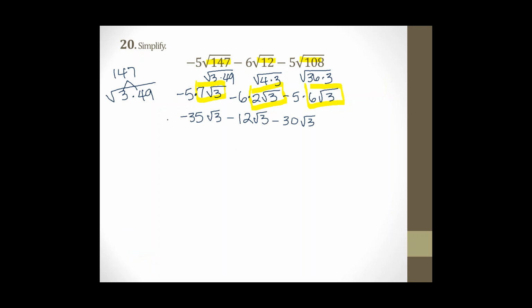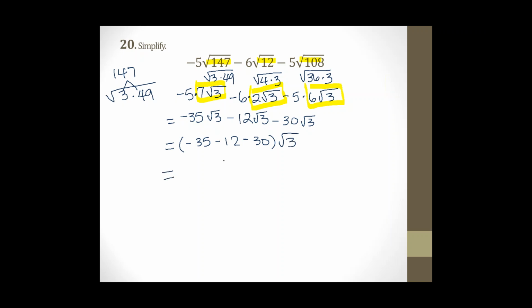So we have like radicals. They are all root 3. So you almost think of it as like terms. Like if it was negative 35x minus 12x minus 30x, you could combine that. Well, these are like radicals. So we're basically going to combine those outside numbers, and that's all going to be times root 3.